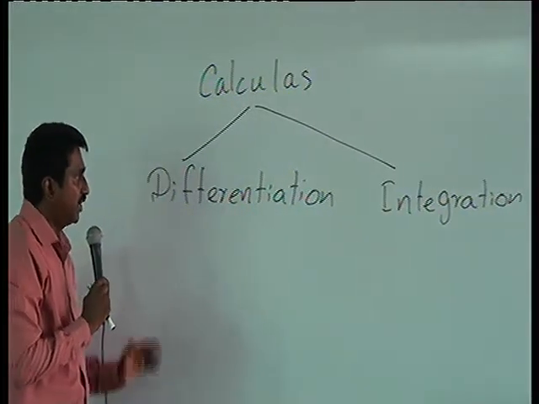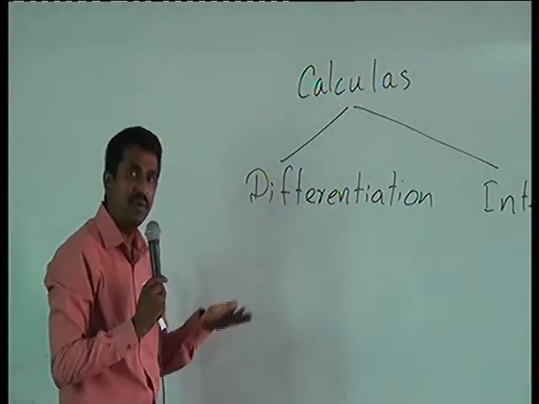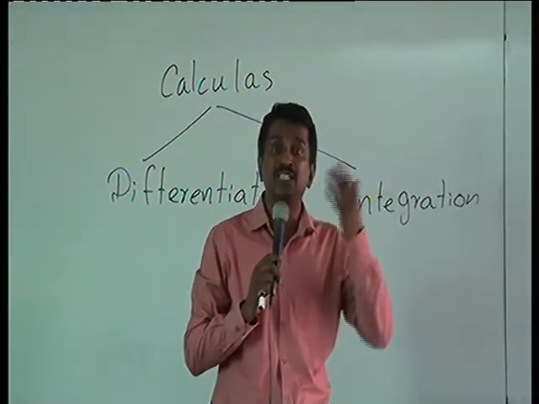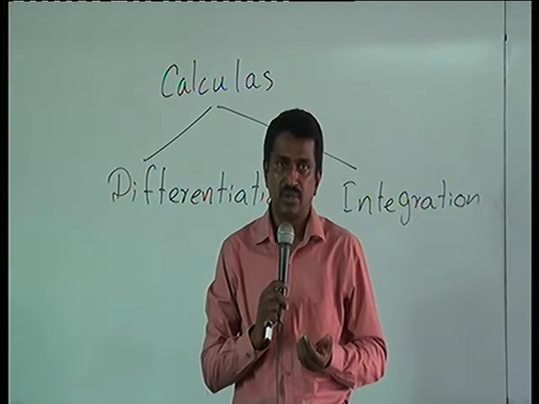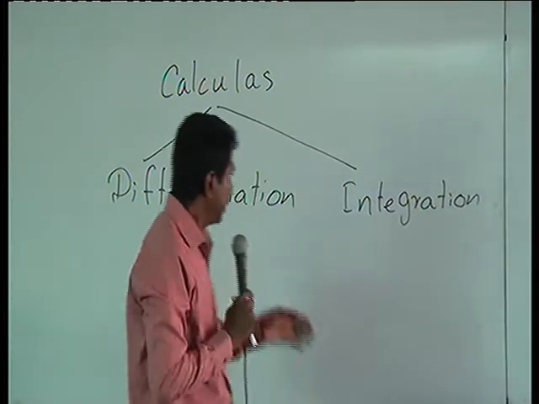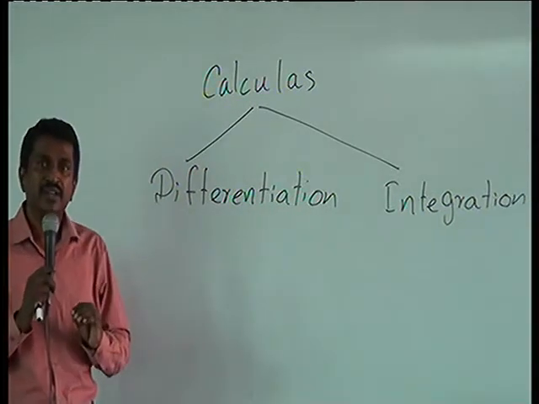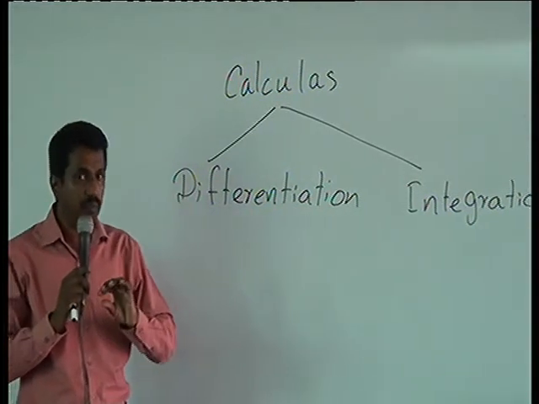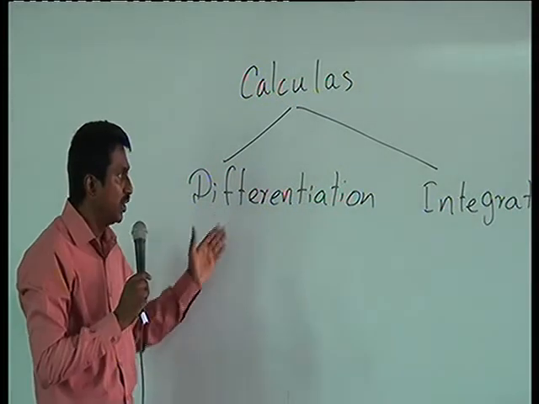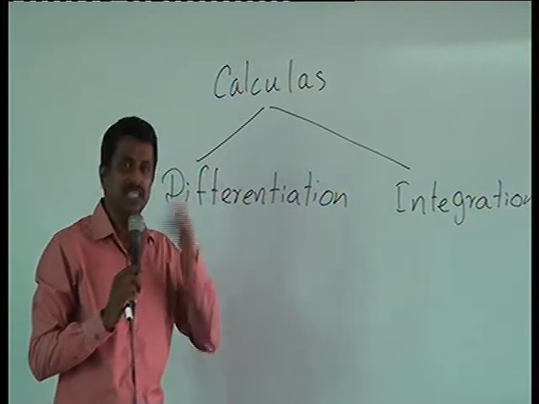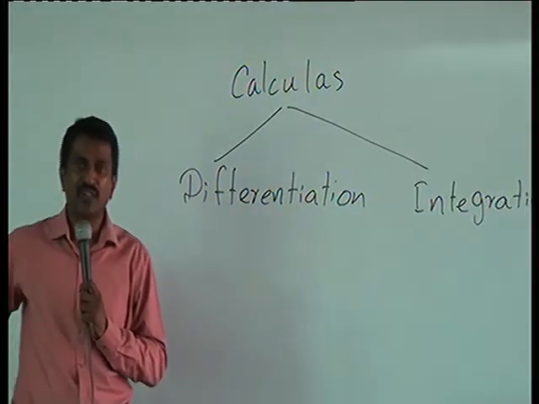Not only that, we need to find a maximum and minimum point. Say, for example, the company objective is to maximize profits. If we know the profit function, we learn how to derive it, and by using the profit function we maximize the profit.